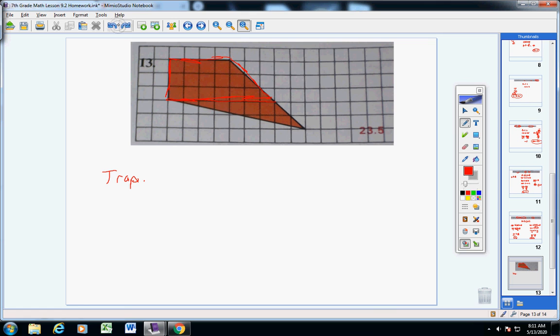Remember the definition of a trapezoid is a four-sided figure in which exactly one set of sides are parallel, okay? And then down here, well, guys, you know what you have. That's a triangle, okay? So if I can find the area of the trapezoid and then find the area of the triangle, I'm good, okay?